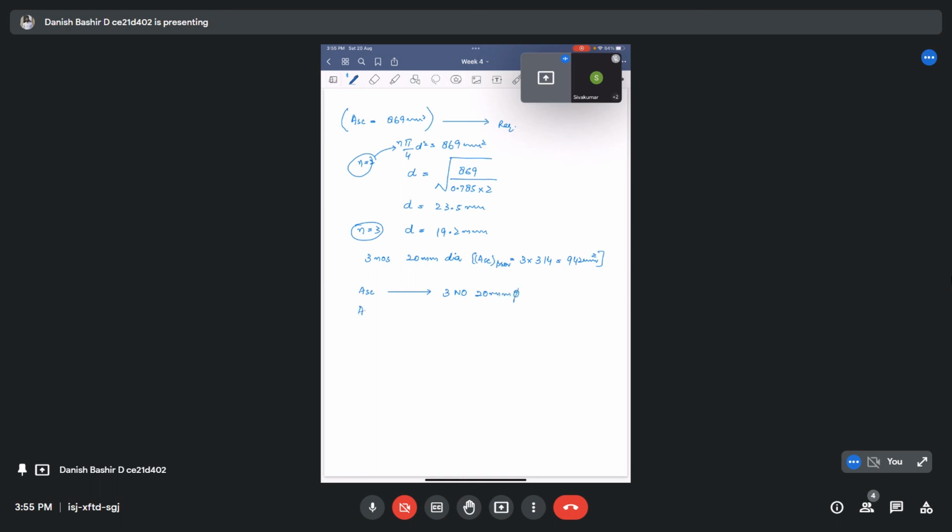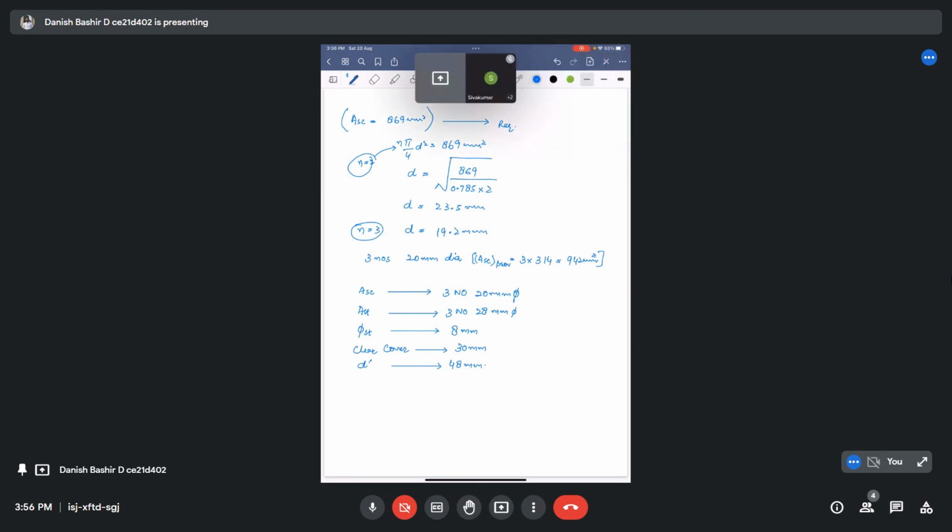We said that we have to provide AST as 3 numbers of 28 mm dia, and we assumed 8 mm stirrup, and we assumed clear cover of 30 mm, and for compression reinforcement we assumed D dash to be 48. These were the details for our section.